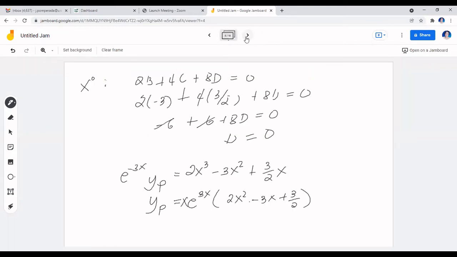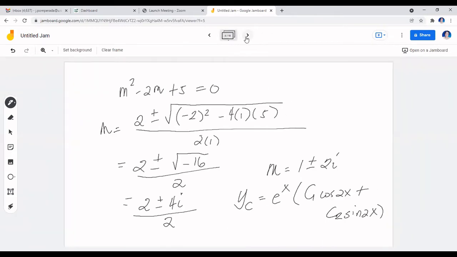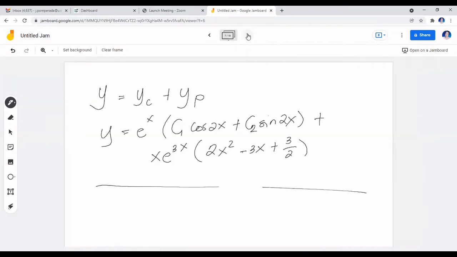Okay, though if it's not really specified in the problem, you may stick to what you already know before. But if it's required in the problem that you apply exponential shift, then you have no choice. You really have to reflect your understanding of this particular method, which is actually just a modification or a special type of the method of undetermined coefficients, because all the procedures are exactly the same as the method of undetermined coefficients in determining the values of the undetermined coefficients in the particular solution.